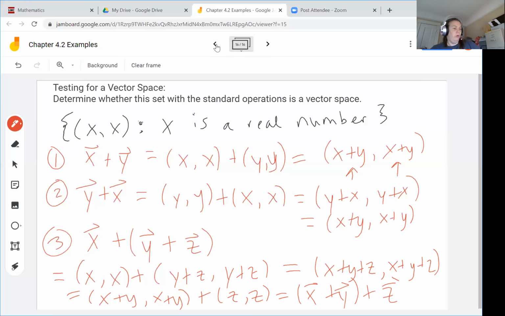All right, so we've shown that property 3, the associativity property, holds. So now the fourth property of vector spaces is the additive identity.